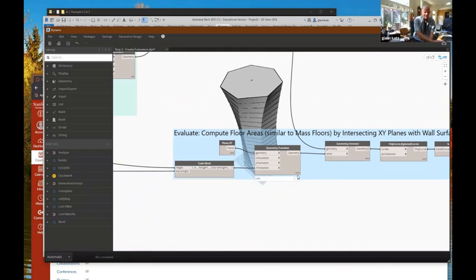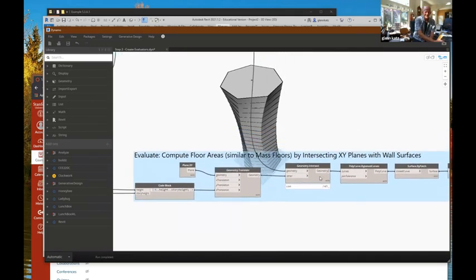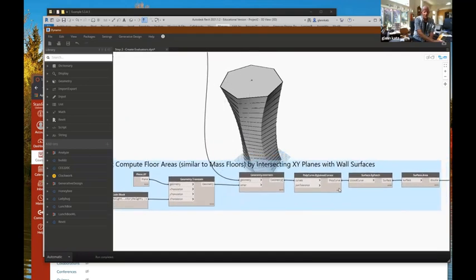We're going to basically take a plane and create a plane at each of those different levels, and then we're going to intersect it. So this is going to create a bunch of curves that are the boundaries that go around the tower at each of those different levels. So we intersect it, then we can join those, and finally make a surface out of them, okay?